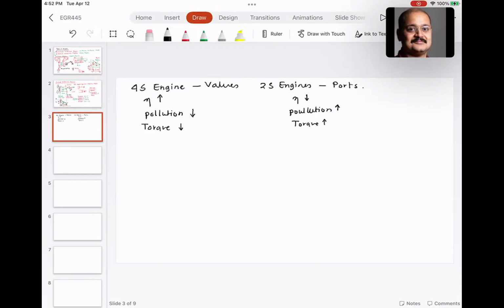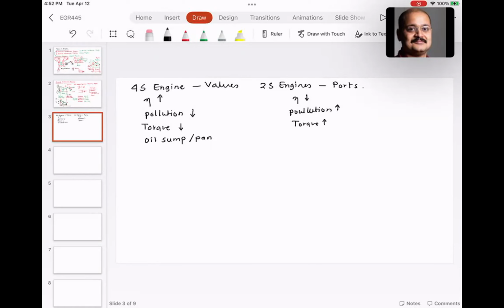In four-stroke engines, usually you have an oil sump, and that is where the lubrication reservoir is. So there is an oil sump or pan.